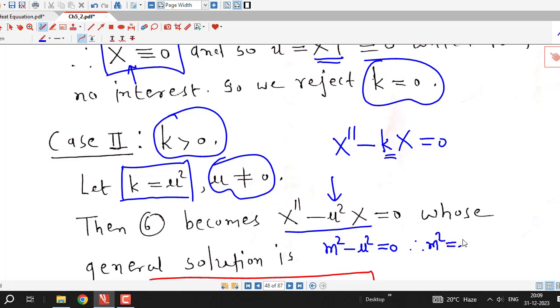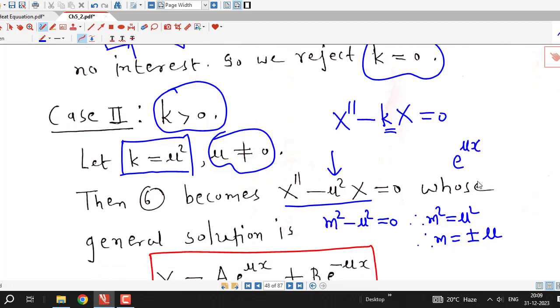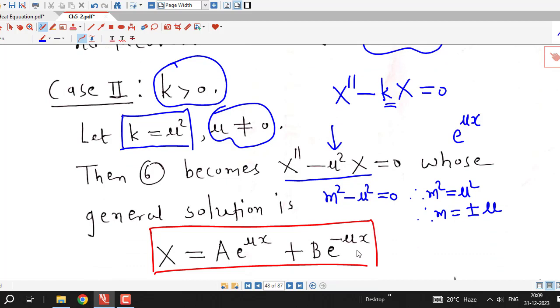Therefore m square equal to mu square, and therefore m equal to plus or minus mu, and therefore the solution will be some constant into e raised to mu x plus some other constant into e raised to minus mu x. These are real and distinct roots.